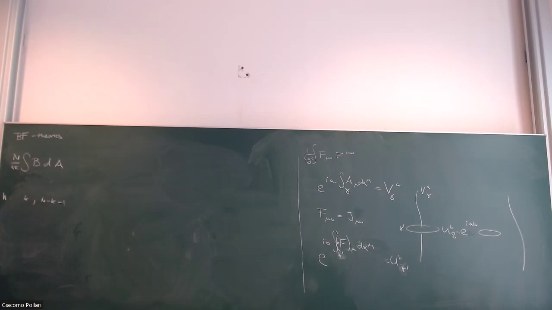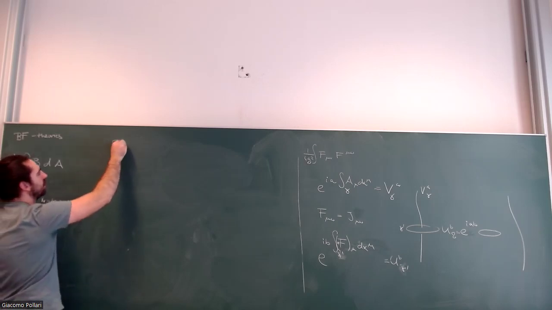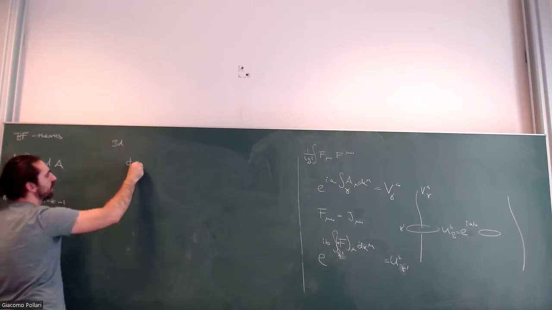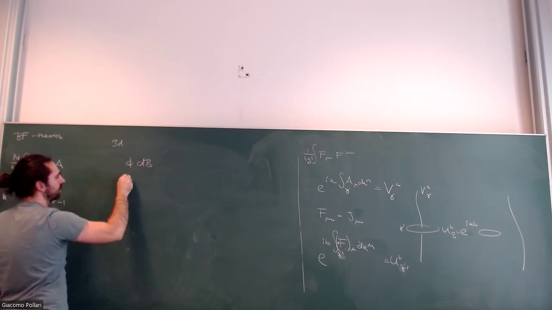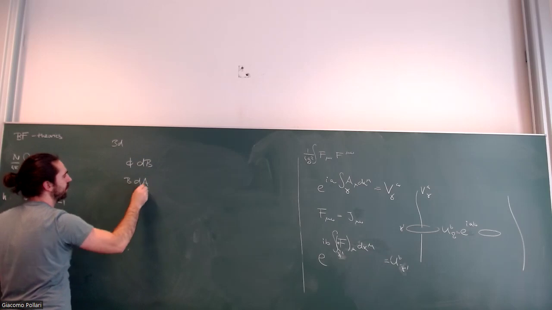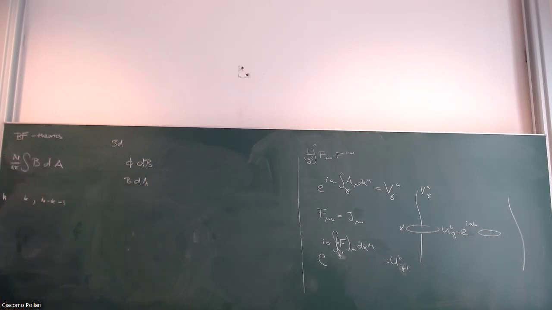And so there are always several BF theories in any dimension. So in particular, say in 3D, we can have a theory with a scalar and a 2-form, or a 1-form and a 1-form, right? Those are the only 2 options in 3D.